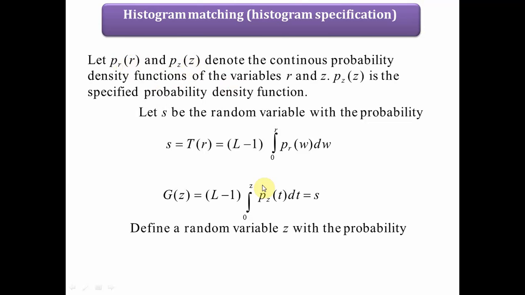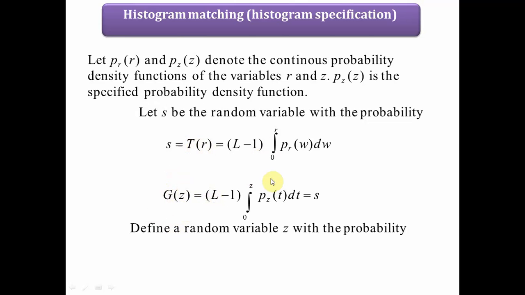P_Z(Z). Same as before, how you write the PDF, that is S is equal to the transformation on L minus 1 times the integral from 0 to R of P suffix R of W dW. Similarly, I will denote the new function of Z, that is, as it was T of R, the transformation T on R, here the transformation G on Z will be there.